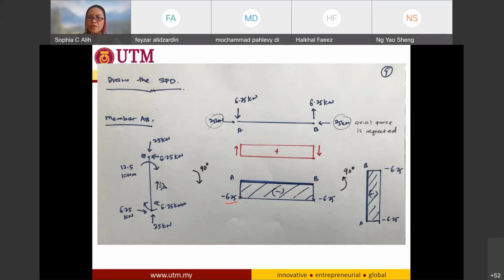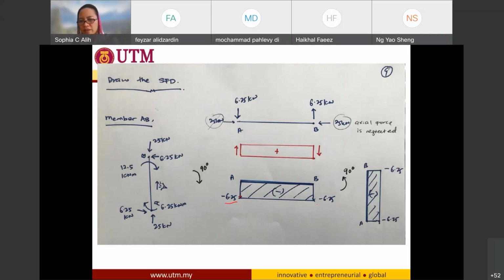There are no forces in between point A and point B, so I can just make it a straight line between them. So I have negative 6.25, negative 6.25. I join them together, and this is going to be a negative shear force area.